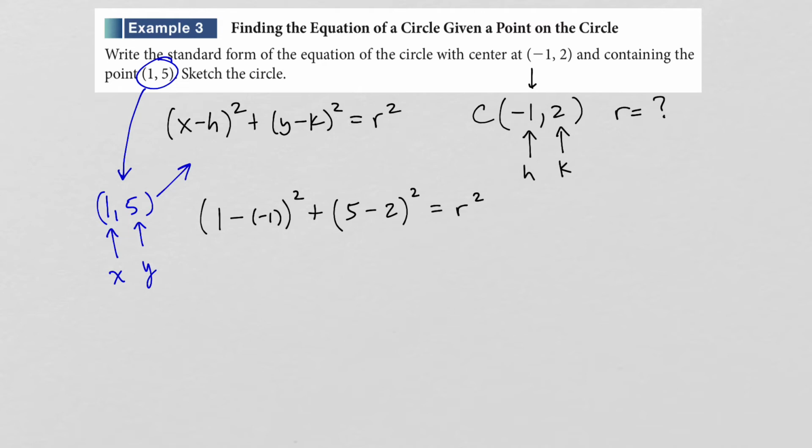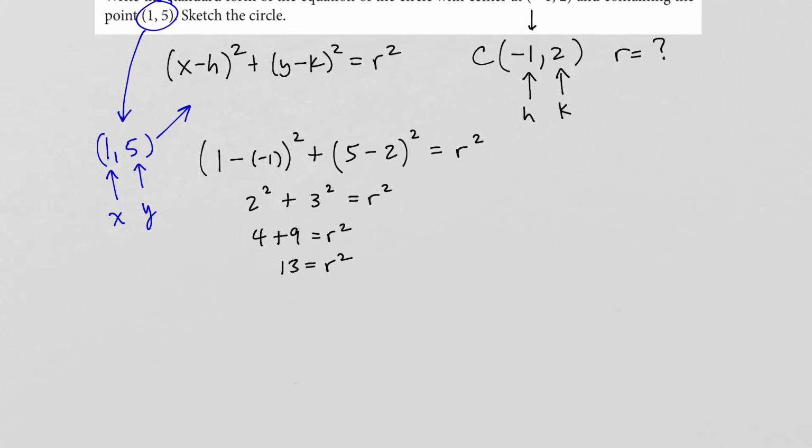And this is going to allow us to solve for r. So what we have here is 2 squared plus 3 squared equals r squared. This is 4 plus 9 equals r squared, so r squared is 13. Now, that means that the radius of the circle is the square root of 13.